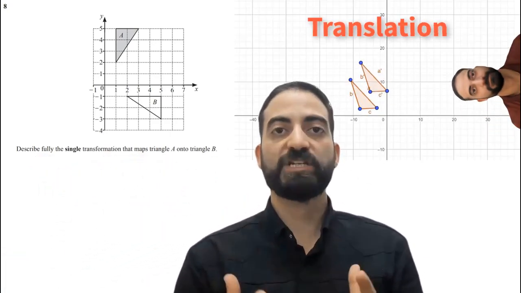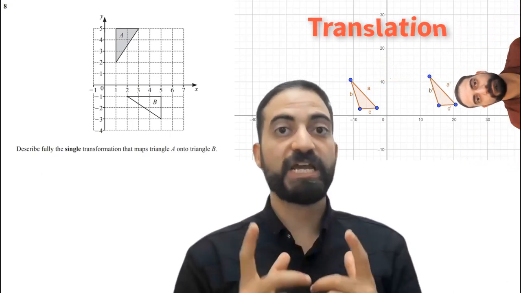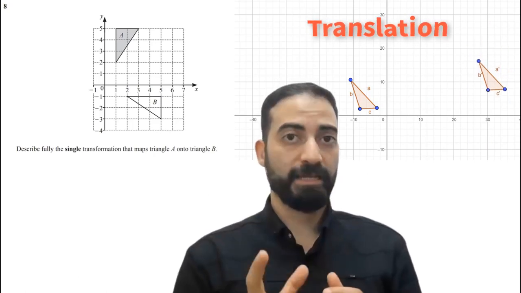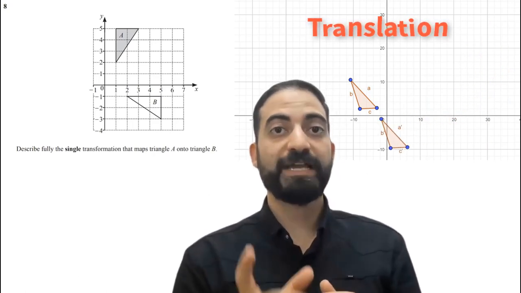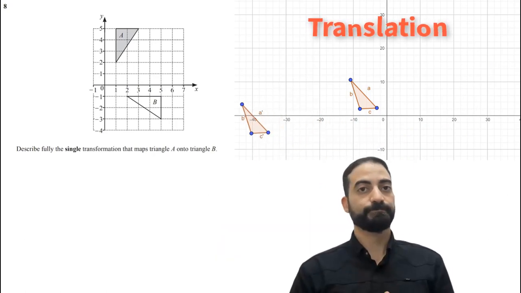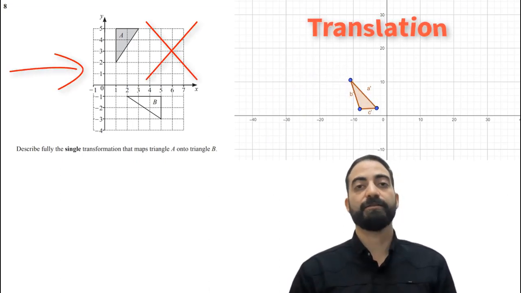Translation is moving the shape without any other change, meaning without changing its size and also without rotating it. And every point of the shape must move the same distance in the same direction. And the translation does not apply here to this triangle.